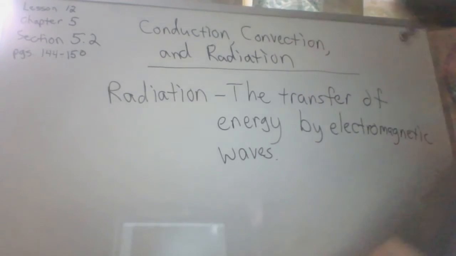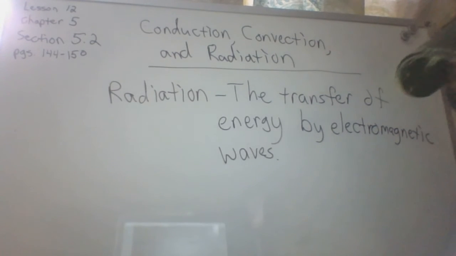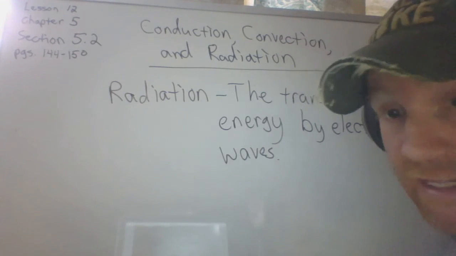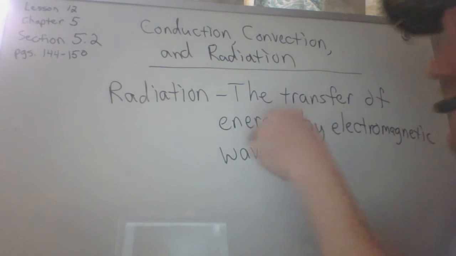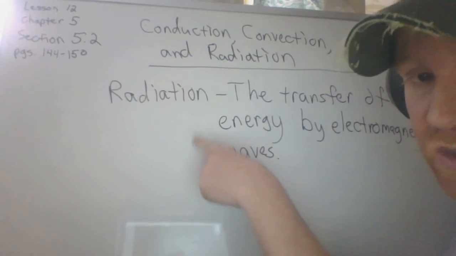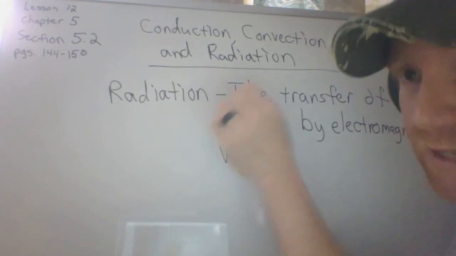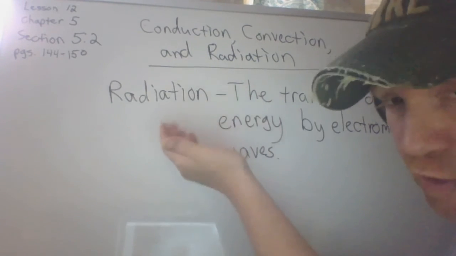Lastly, we have radiation. Radiation is defined as the transfer of energy by electromagnetic waves. Your book gives a couple examples, such as light or microwaves. It's important to understand that radiation is the transfer of thermal energy in which you do not need matter to travel.